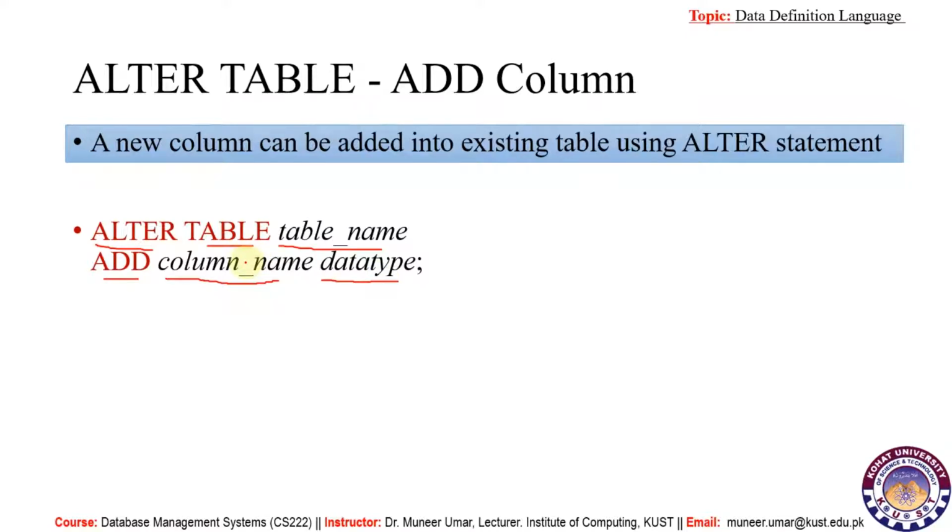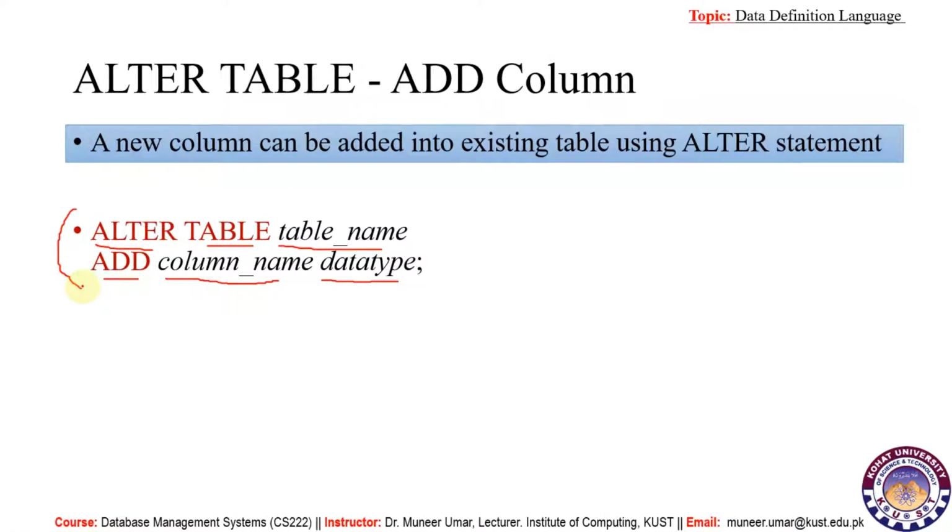For example, I'm going to add a column address in the employee, so I must type alter table employee info add address varchar 50.